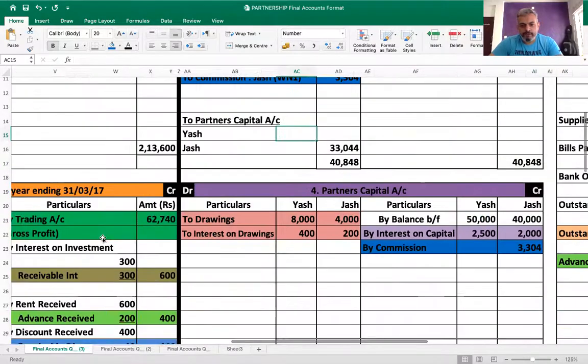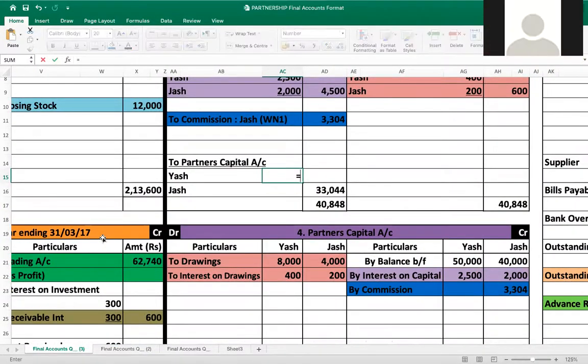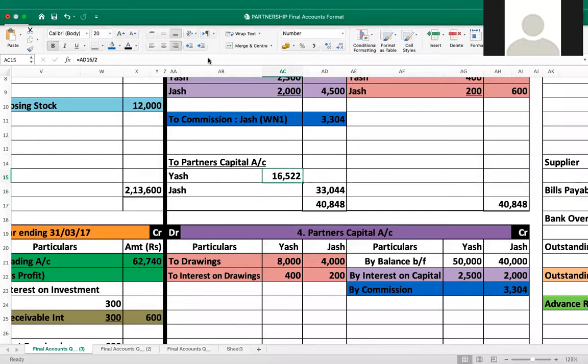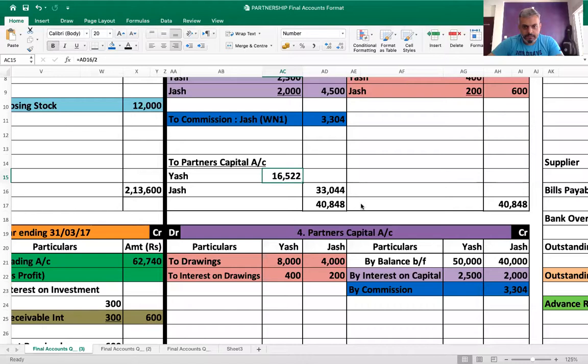No. So it is to be taken equally. So net divisible profit 33044.